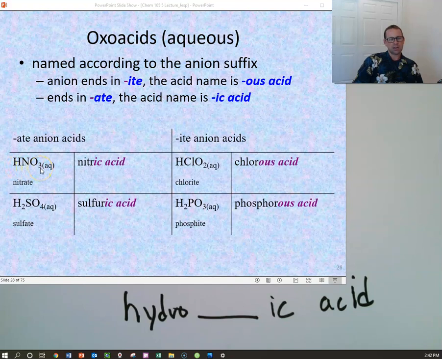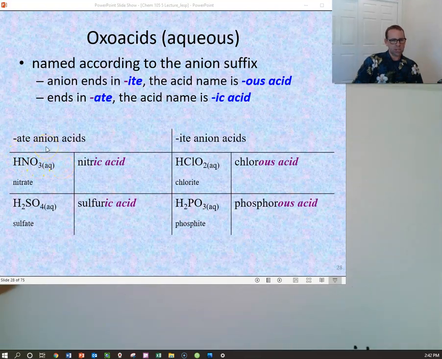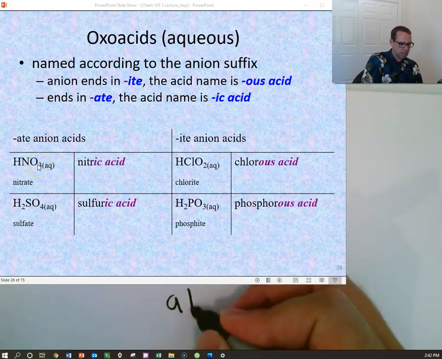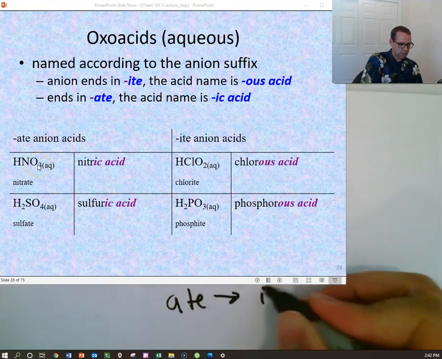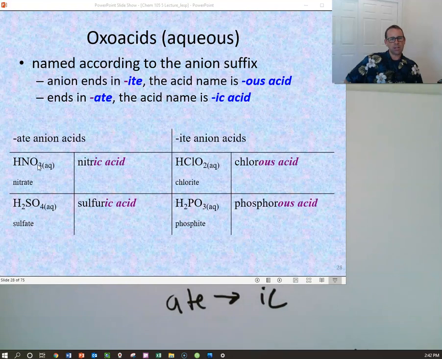that's an acid. And to name oxoacids, again, acids that contain oxygen, and they're usually polyatomic ions, the ate changes at the end of the polyatomic ion. So nitrate changes to an ic. Ate goes to ic. And then it's called nitric acid.